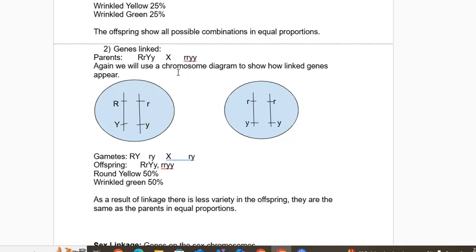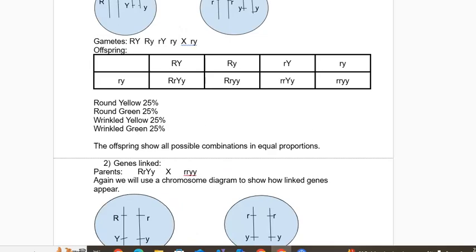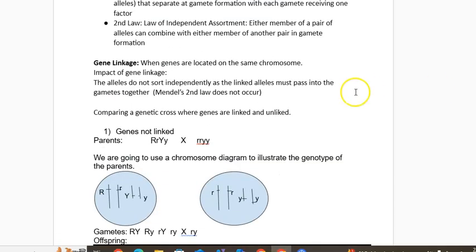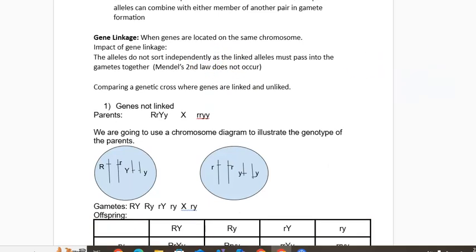And often they'll say linkage does not occur or linkage does occur, and they will ask then, do your cross and state the impact of the gene linkage. So first of all, in terms of gamete formation, the impact is, to remind us, as we said up here, the alleles do not sort independently, as the linked alleles must pass together into the gametes.